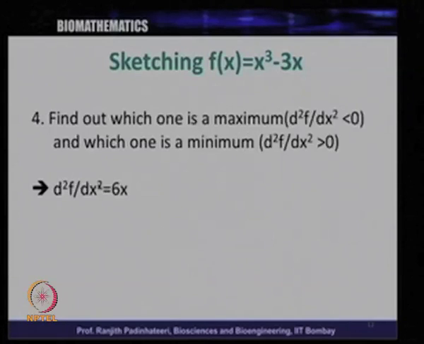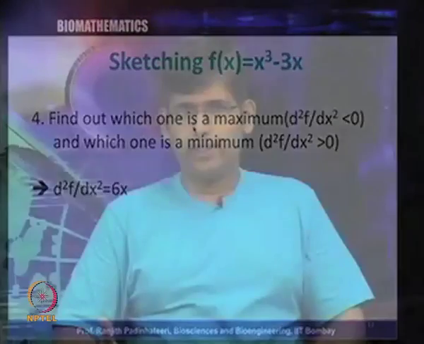We have two extrema here, at plus 1 and minus 1. We want to find out which of these is a maximum and which one is a minimum. The way to find out is to calculate the second derivative, d square f by dx square.